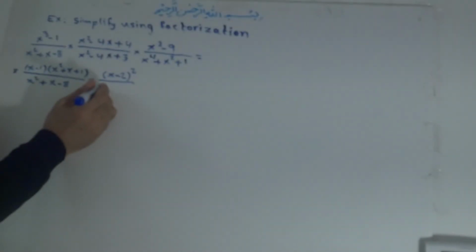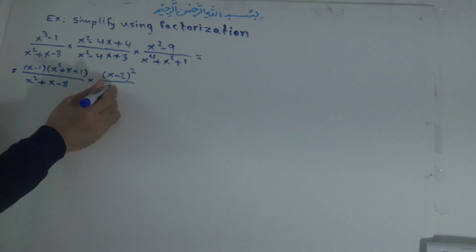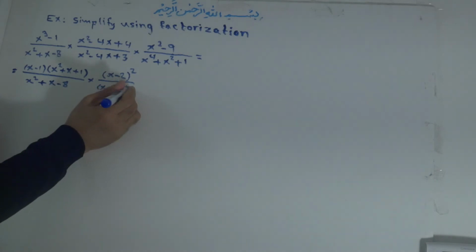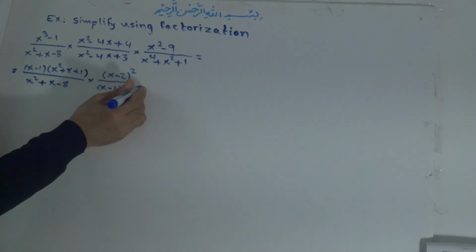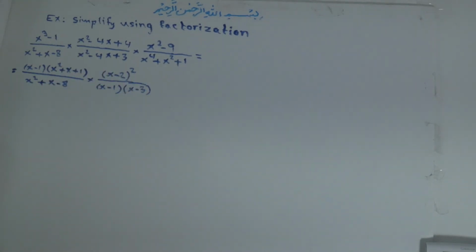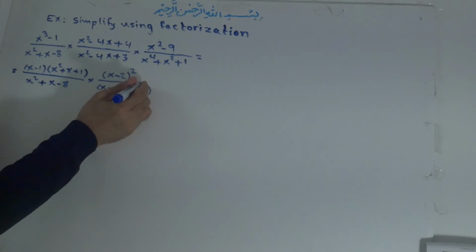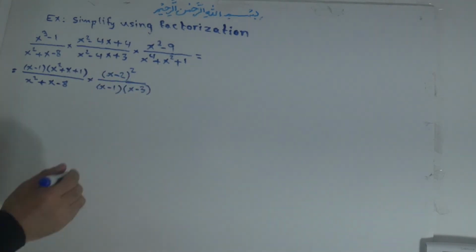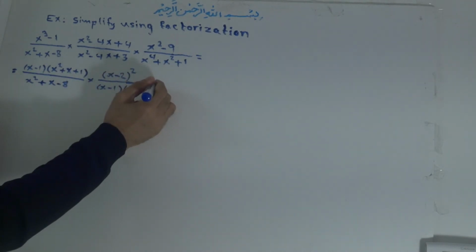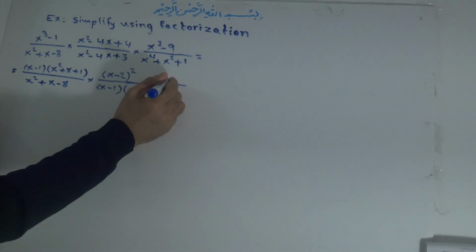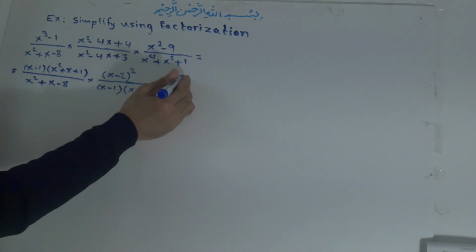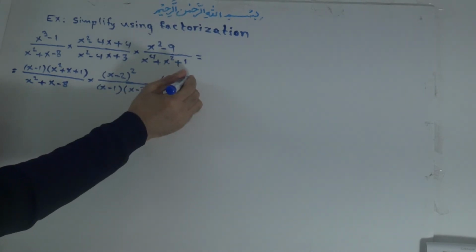And here it is x minus 1 and x minus 3, because minus 1 plus minus 3 become minus 4, and minus times negative is positive, 1 times 3 is 3. And here what we do, we can write x minus 3 times x plus 3.